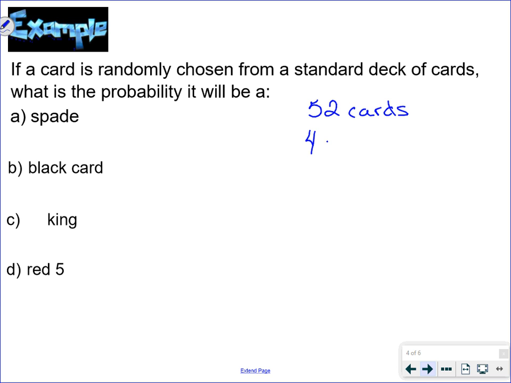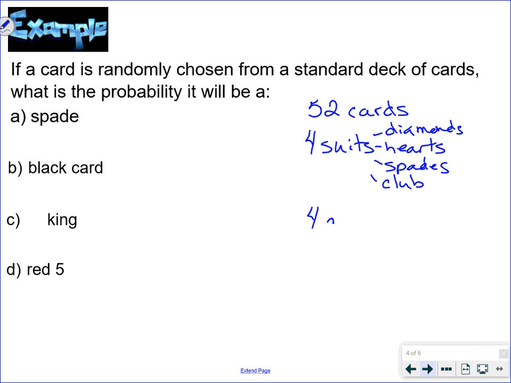There are 4 suits: diamonds, hearts, spades, and clubs. There are 4 of each number or face card.